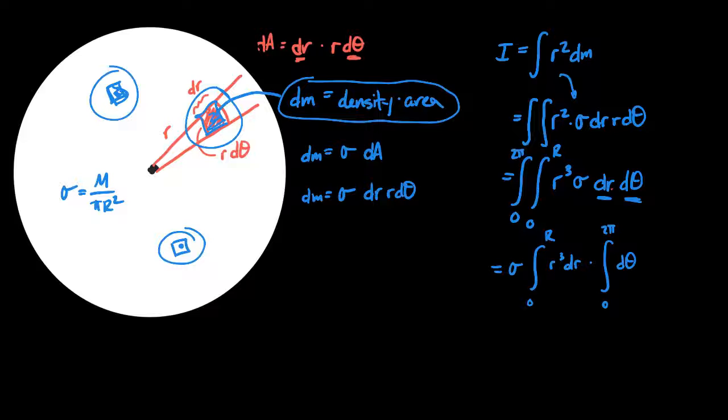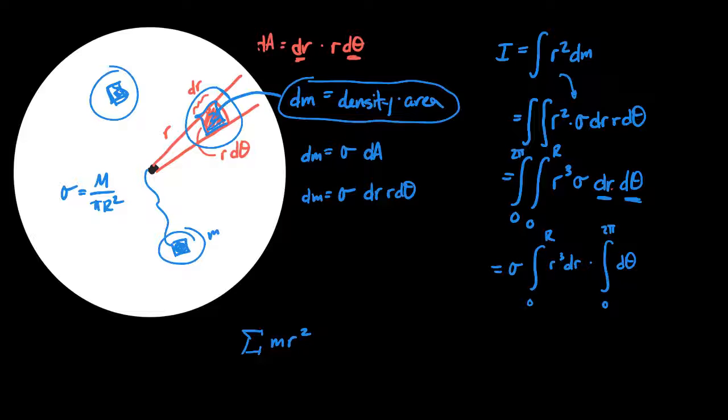So remember, if you look at the sum, it's a sum of mr squared. This box right here has a mass, but I'm not adding up the mass of the object. That would just be m when I'm done. I'm adding up how much mass is here and how far away is it from here.